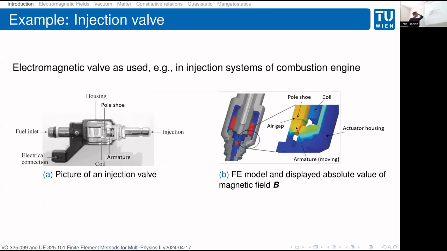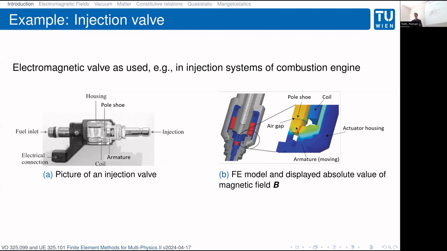So an injection valve is a typical case where we need electromagnetic fields if it is excited by a coil. The current in the coil will make the valve move.